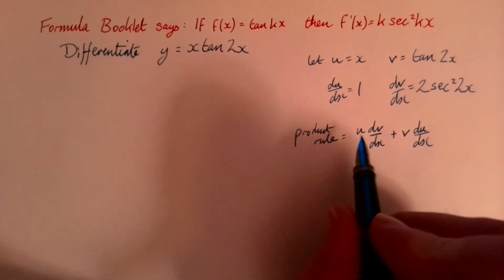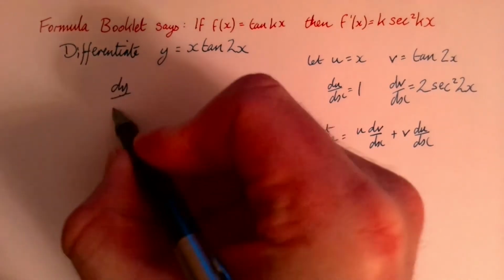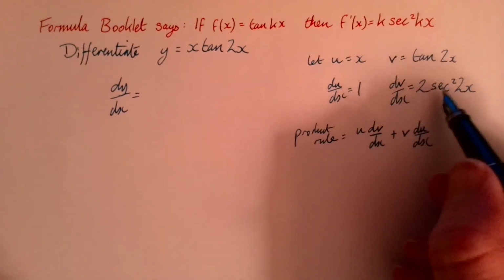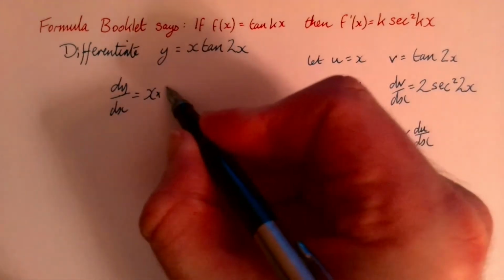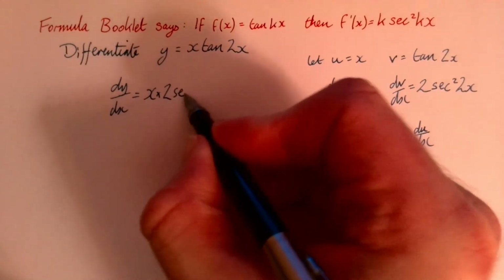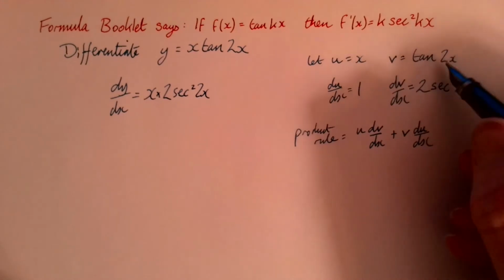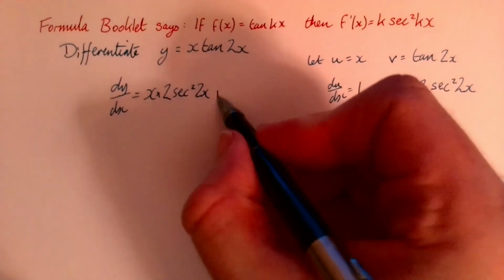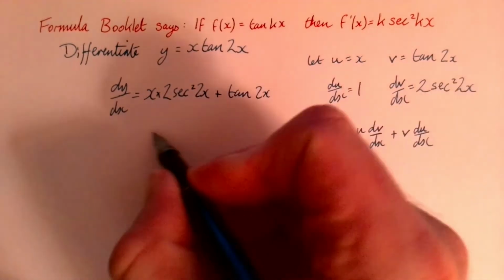So our u was x, so we're going to have x times dv dx, so it's x times 2 sec squared 2x, and then we're going to have v, which is tan 2x multiplied by du dx, which is just 1, so we're just going to have tan 2x, so we're going to be adding tan 2x to that.